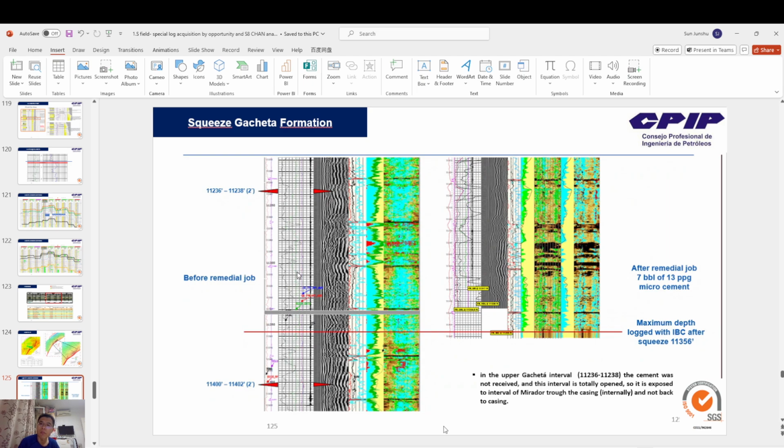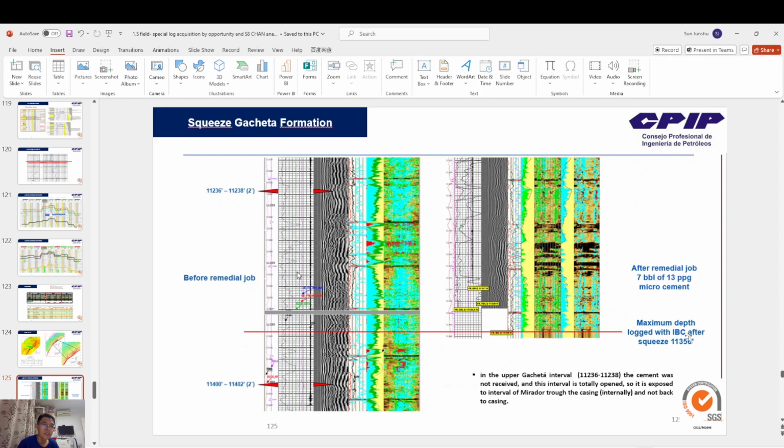Squeeze Gogeta formation. This is the open interval before the remedial job and after the remedial job of micro cement.